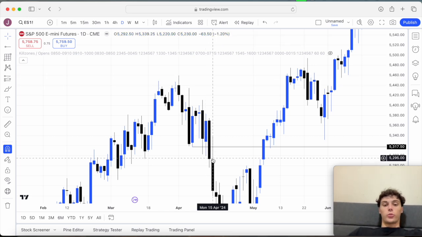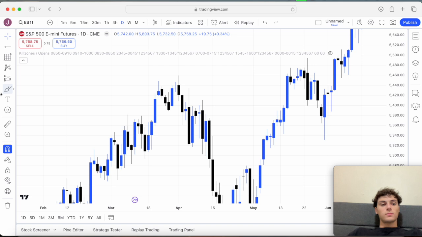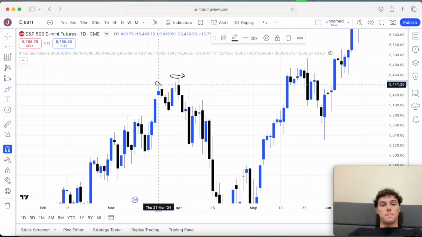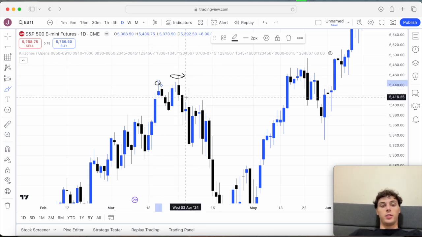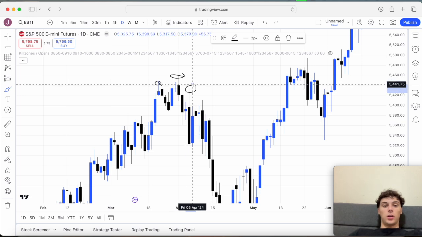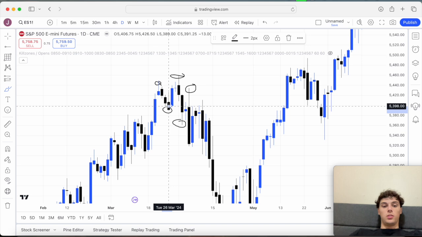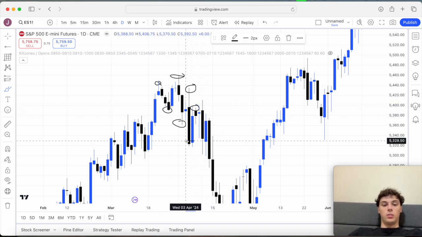But then we can show trends as well. So right here, high, higher high is right here, by the way. And then lower high, lower low from this low. And then lower high, lower low.